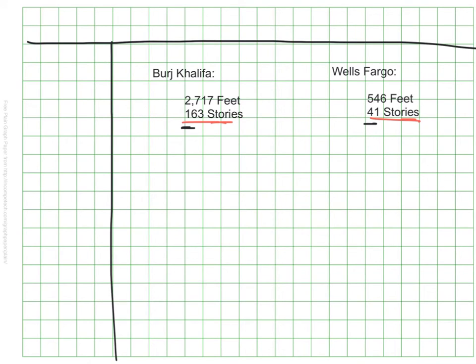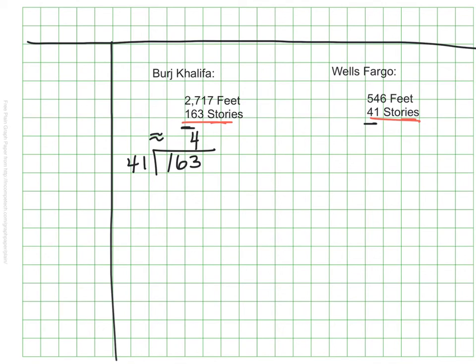And of course, we can also use fractions to compare these two. If I take the number of stories in the Burj Khalifa and divide it by the number of stories in our own building, the Wells Fargo, it ends up being about 4. I'm going to put this little squiggly line because I've had to round just a little bit.